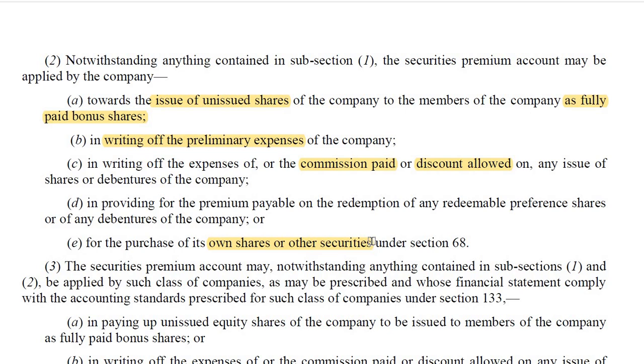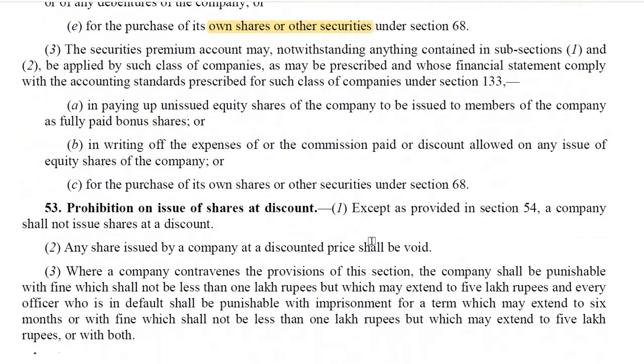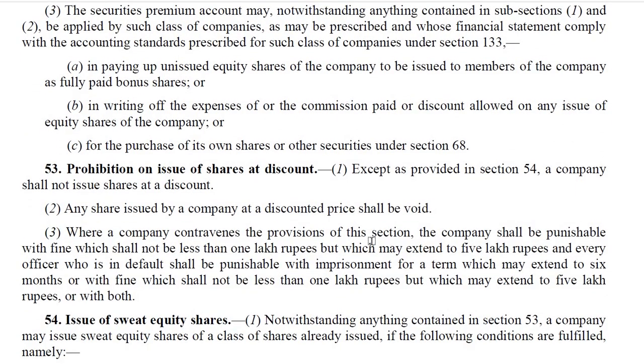The securities premium account may, notwithstanding anything contained in the subsections, be applied by any class of companies as may be prescribed, whose financial statements comply with the accounting standards prescribed for such class of companies under section 133.